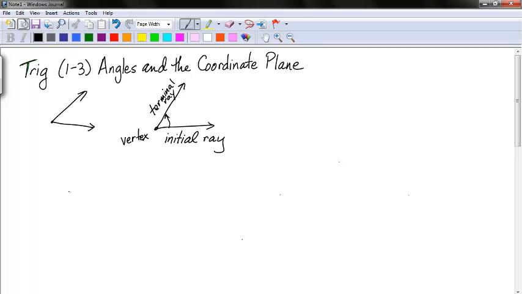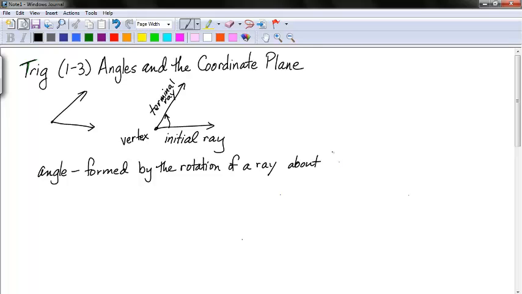So definition-wise, an angle is formed by the rotation of a ray about the vertex.